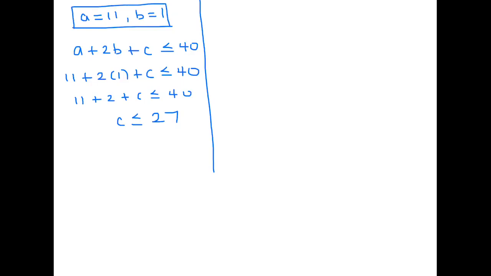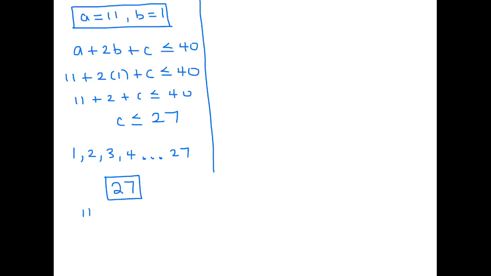So that means c can be 1, 2, 3, 4, all the way up to 27, because we're only looking at positive integers. So there's 27 possible values of c. So that means we have 27 triples.